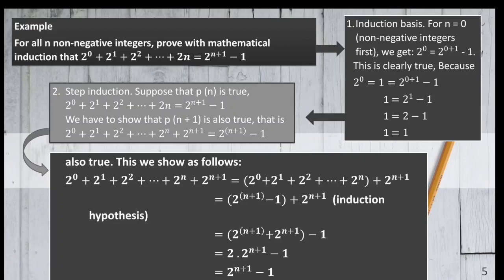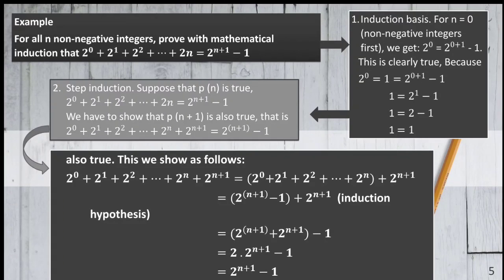And then we get 2 times 2 to the n plus 1 minus 1, which equals 2 to the n plus 2 minus 1. And the answer is 2 to the n plus 2 minus 1.